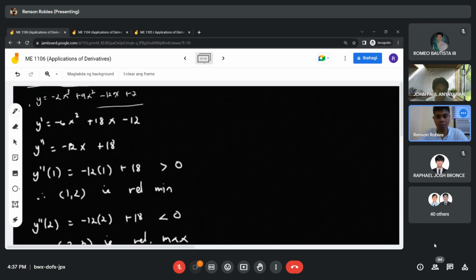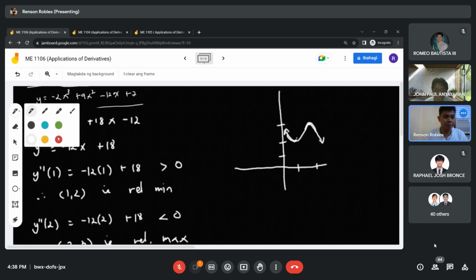Trace natin. 1, 2, and 2, 3. Okay. 1, 2 is relative min. And 2, 3 is relative max. Okay? Then pagdugtungin lang natin.